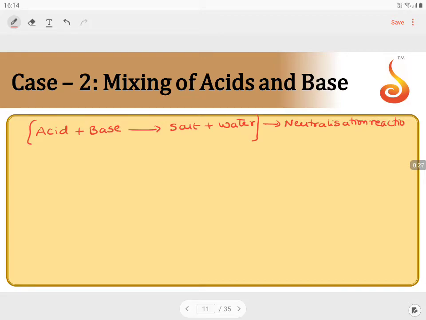So if I am taking a neutralization reaction, there are two types of neutralization.